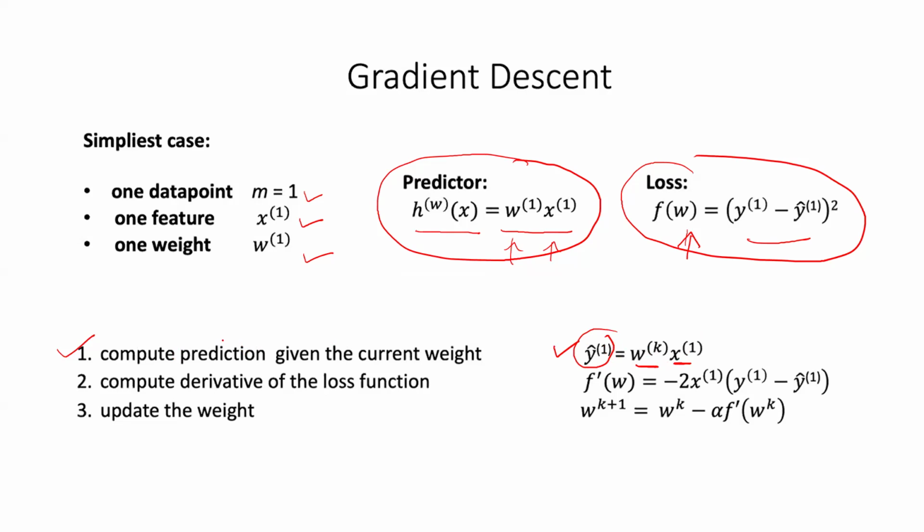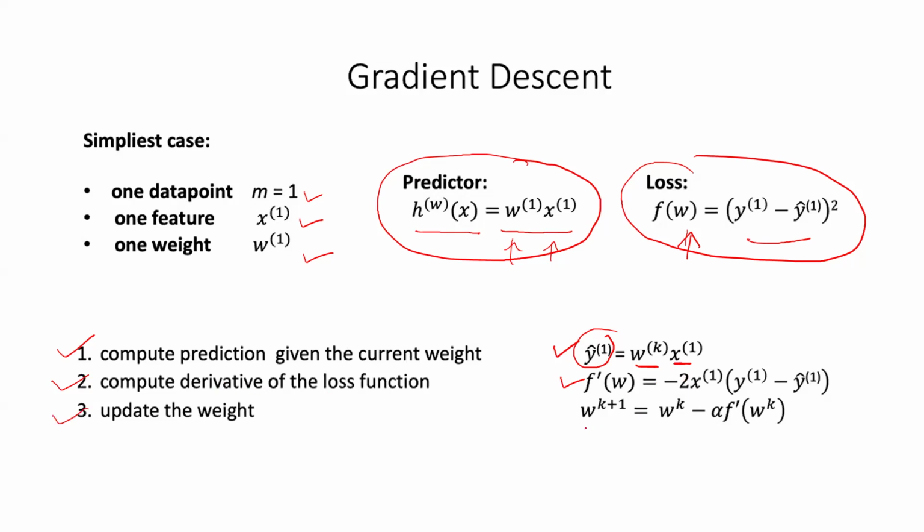Then compute the derivative of the loss function. So f bar of w is nothing but minus 2 x1 times (y1 minus y hat 1). This is after applying the mean of loss over multiple losses, so you'll get this particular value.